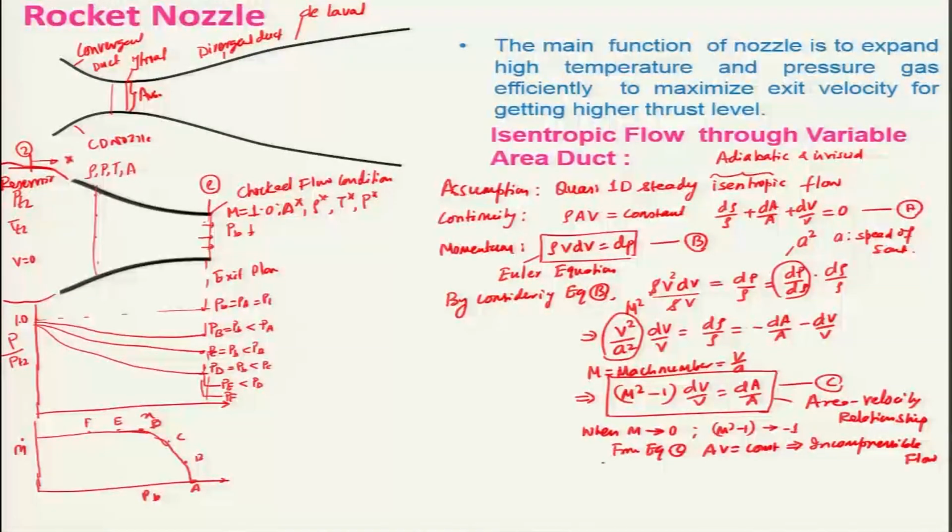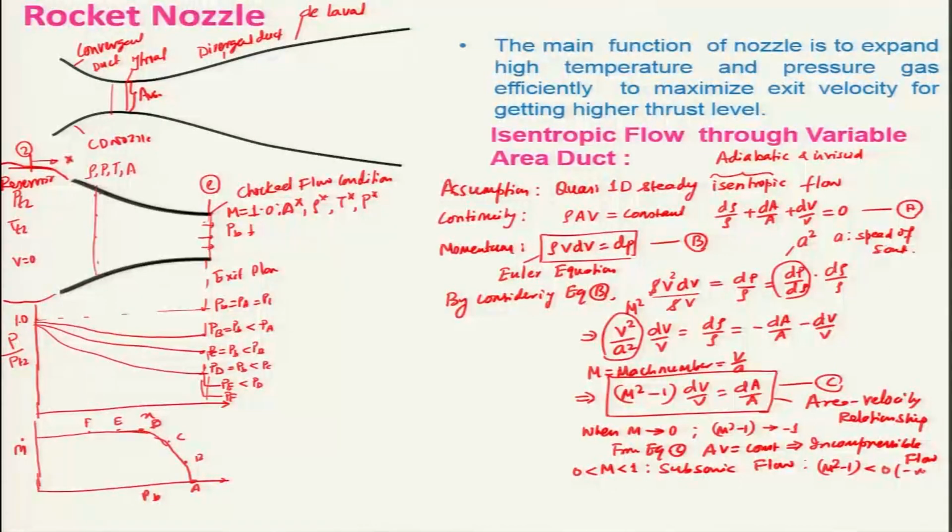And let us consider a subsonic flow, that is M less than 1. That means M square minus 1 will be less than 0, that is negative, because M is lower.